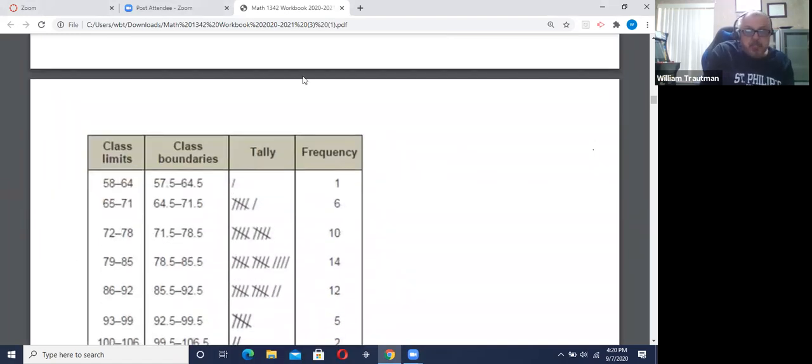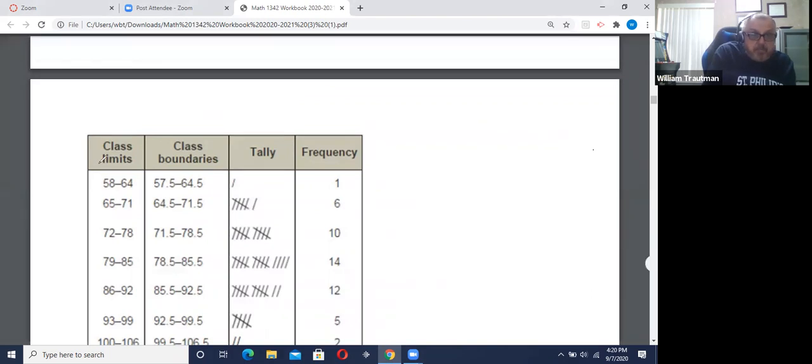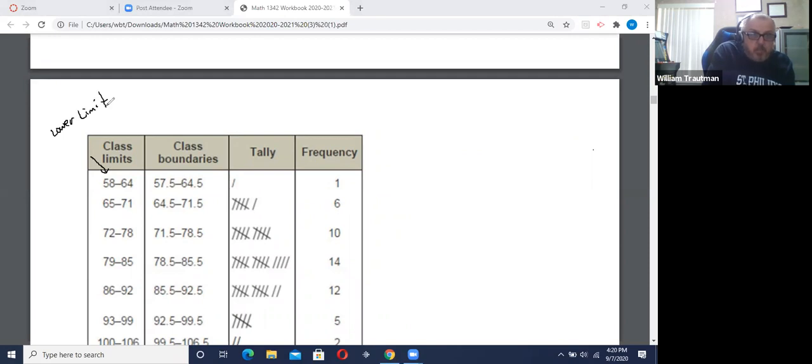Successive class limits. So first of all, once again, 58 is the lower class limit. The one on the left is the lower, and I just put LL, lower limit. The 64 is the upper class limit. Now it says subtract the successive lower class limits.